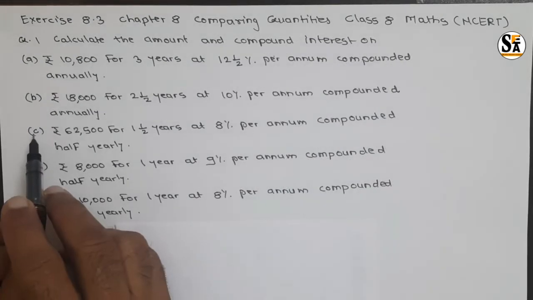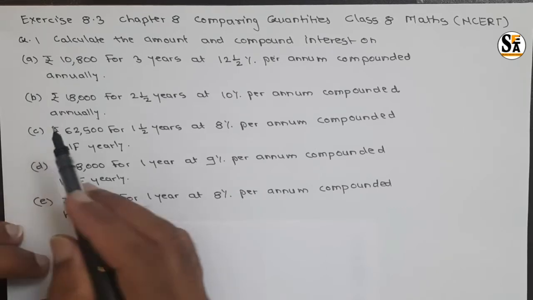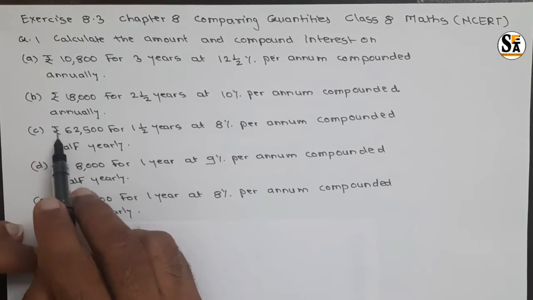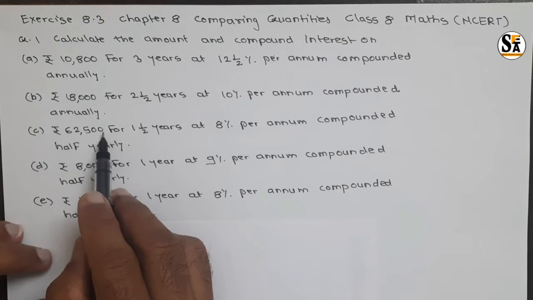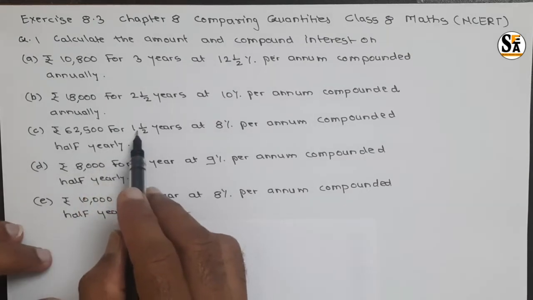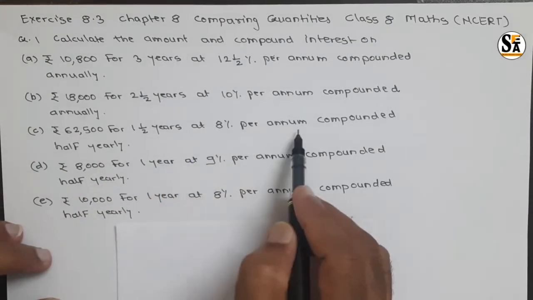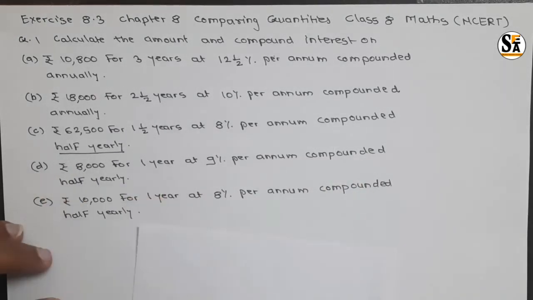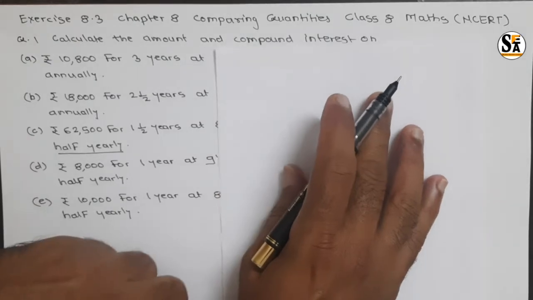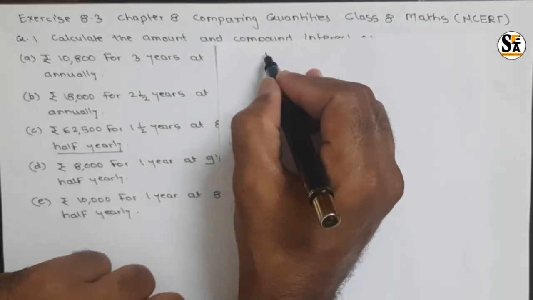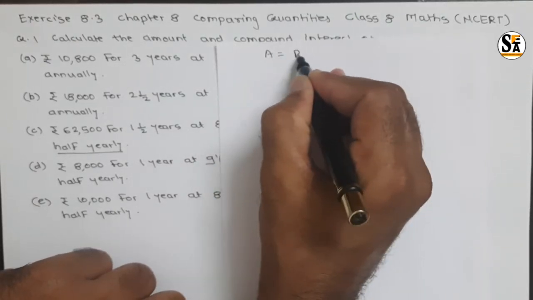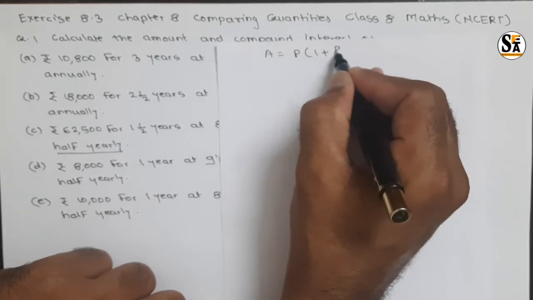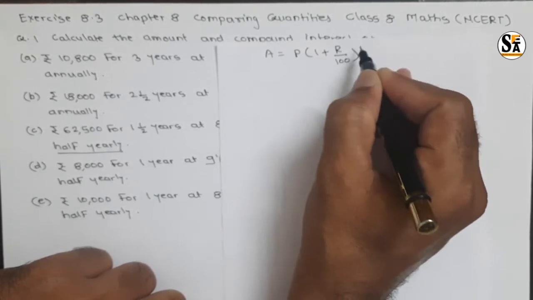Now see the third question, C question. Rupees 62,500 for 1.5 year at 8% per annum compounded half yearly. Here half yearly is given, means if we write the formula here, A equal to P into (1 plus r divided by 100) raised to n.